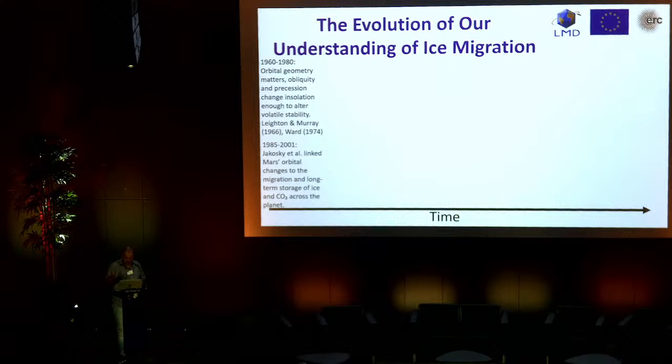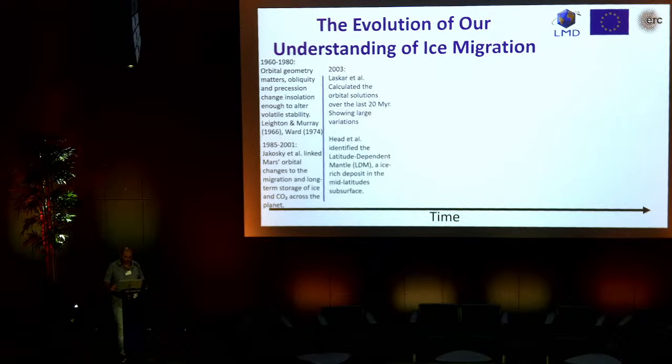Later in the 80s, 90s, and 2000s, Bruce Jakosky and colleagues linked Mars orbital changes to the migration and long-term storage of ice and CO2 across the planet using really nice and simple models. In 2003, Jacques Laskar calculated the orbital solution over the last 20 million years, showing a large variation of obliquity between 15 and 45 degrees and eccentricity between 0 and 0.12.